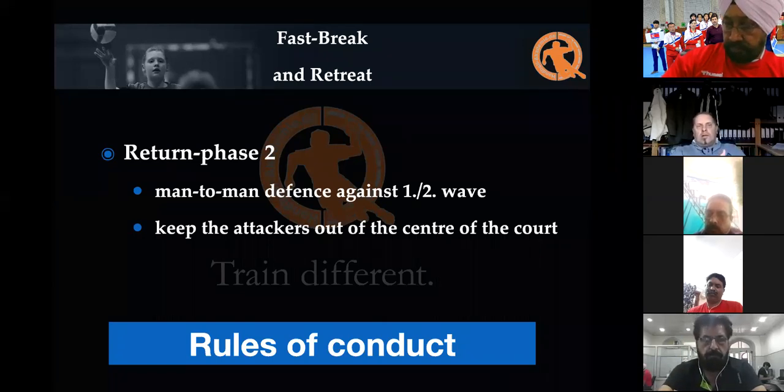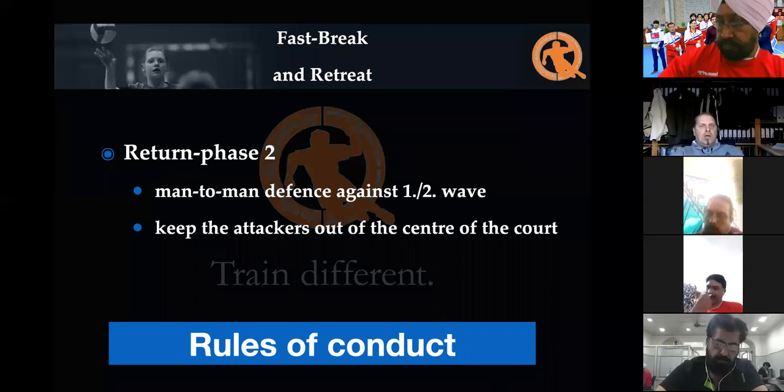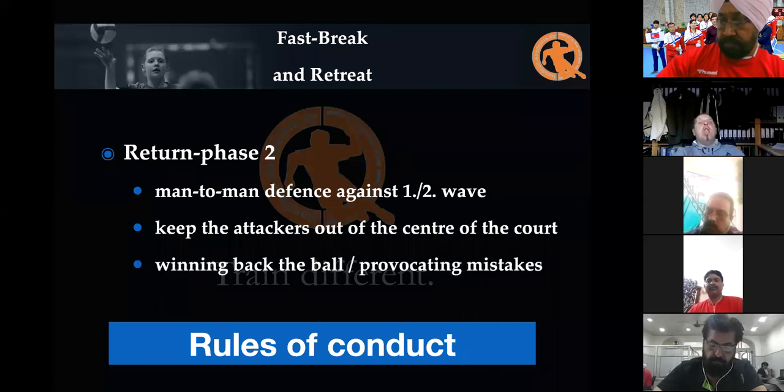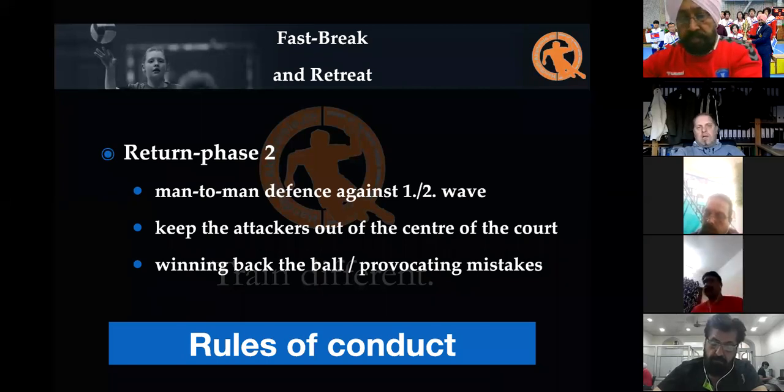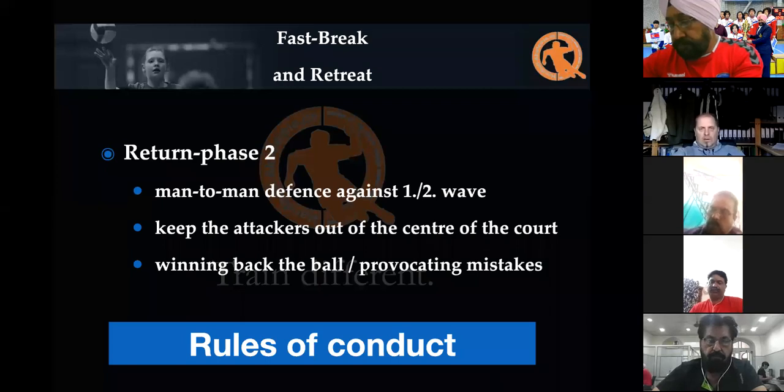Don't let them inside, push them to the sideline, make them slow, force them to stop and maybe to pass a long pass, provoke this pass to the other side. And in this moment, it's possible to win back the ball or to provoke some mistakes like steps or double dribbling or something like this, some technical mistakes. So that's a good situation if we keep them out of the center and push them to the sideline.